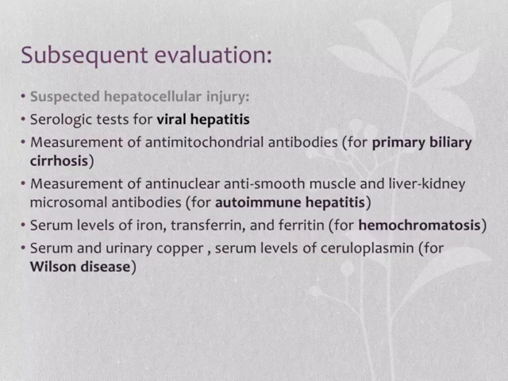We also measure anti-nuclear, anti-smooth muscle, and liver kidney microsomal antibodies for autoimmune hepatitis. We check serum levels of iron, transferrin, and ferritin for hemochromatosis, a metabolic disorder, and we also check urinary and serum copper for Wilson disease. Serum levels of ceruloplasmin are also involved in Wilson disease.